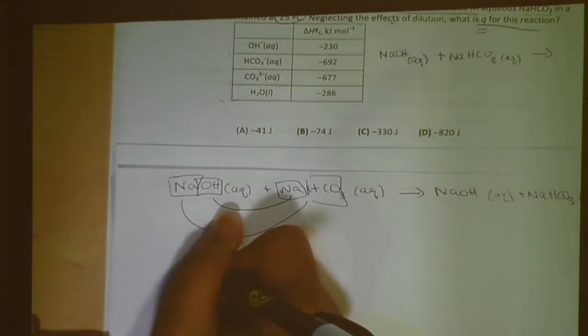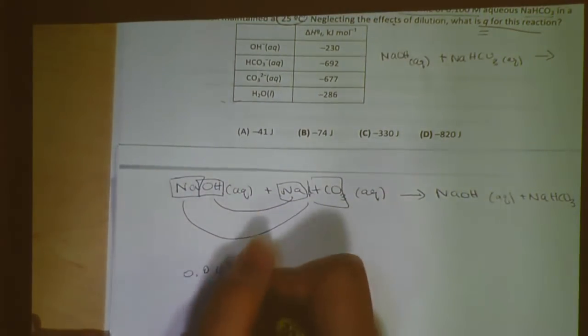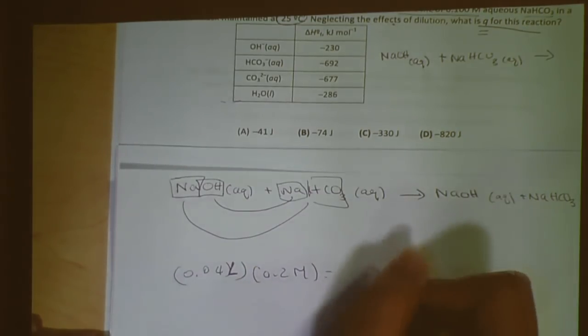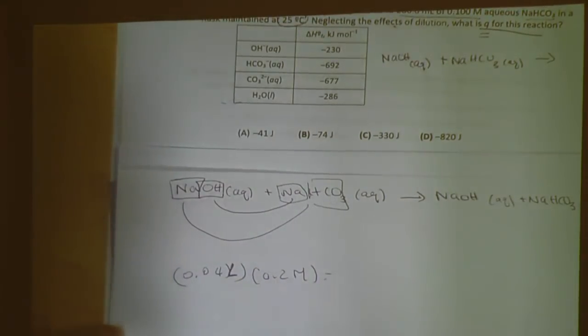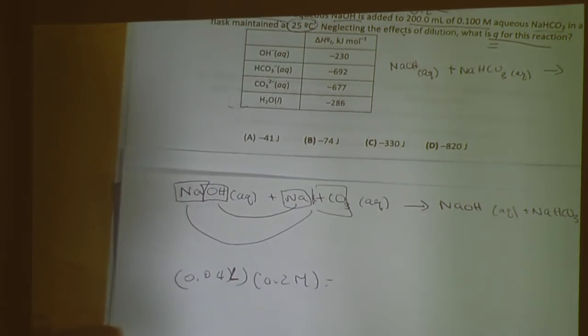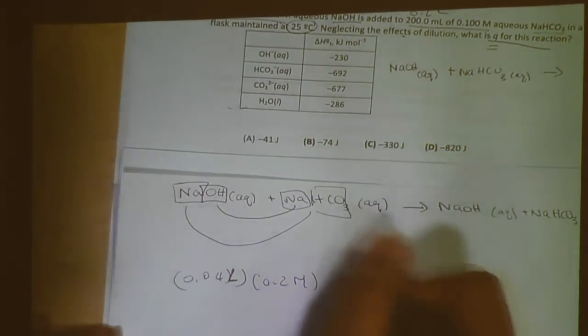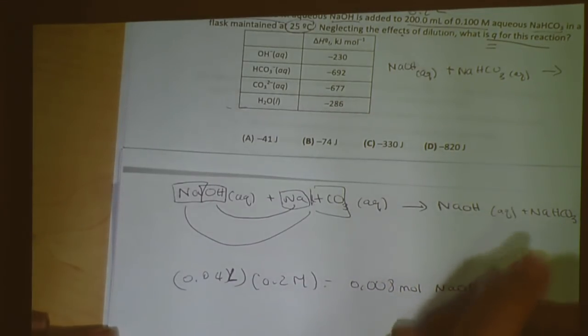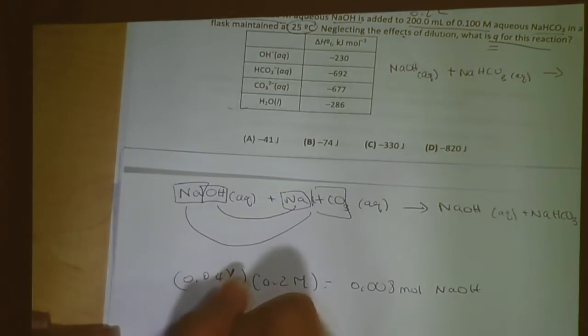So 0.04 liters times 0.2 M, again, gives you moles, which is 0.04. And then 0.2.